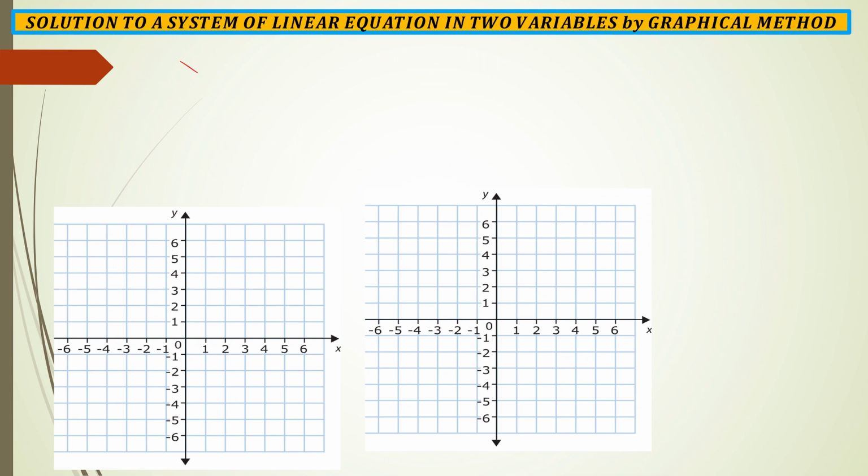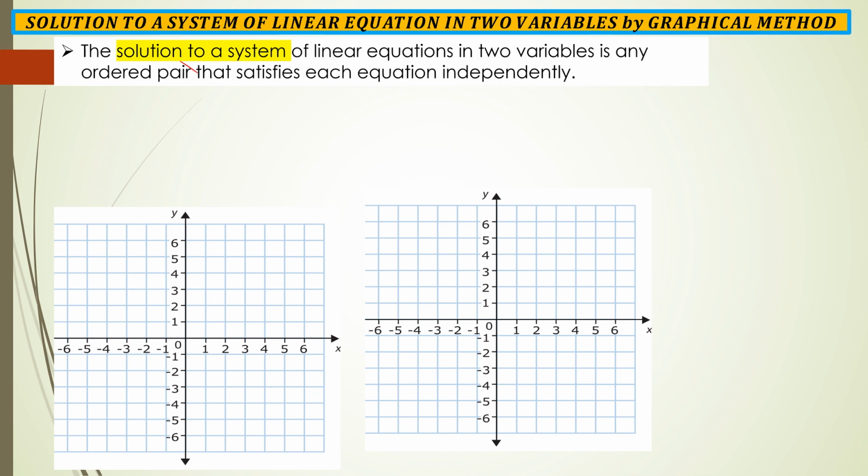Okay, let us now find the solution to a system of linear equations in two variables. But remember, there are different methods in finding the solution to a system. But before that, we have to define solution to a system.